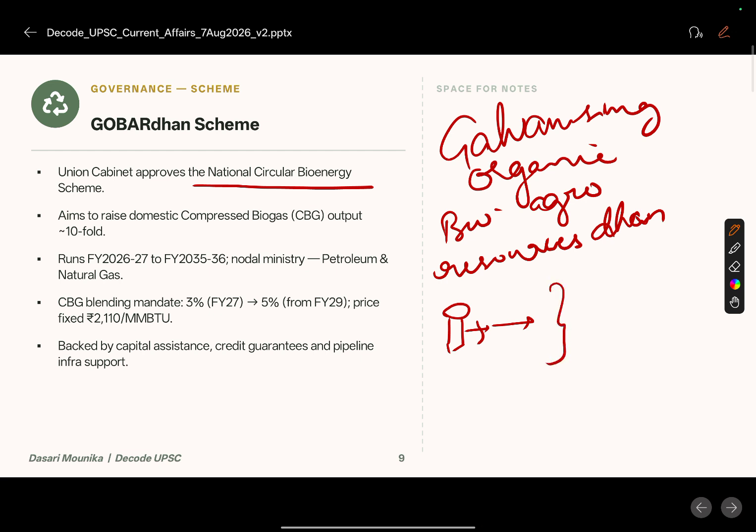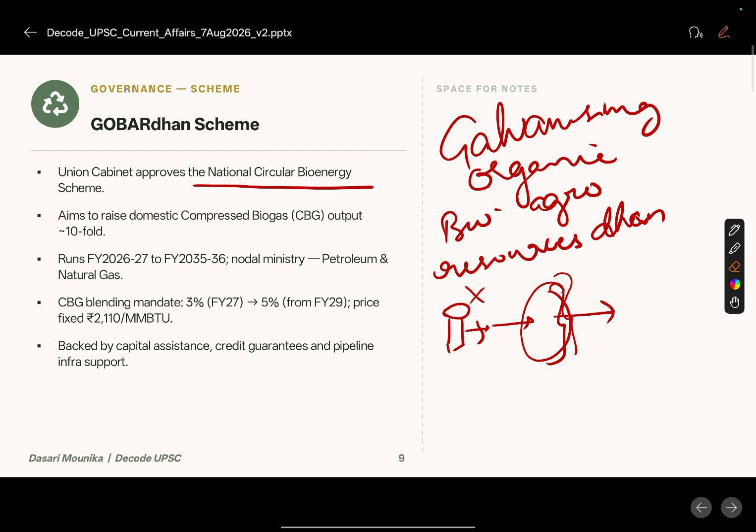This waste will be collected. Not precisely plastic water bottles, but any product that we feel is not useful, we dispose of. Instead of disposing of it, the products will be collected by the government to produce compressed biogas.